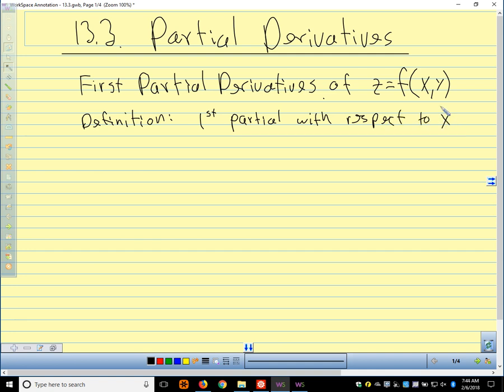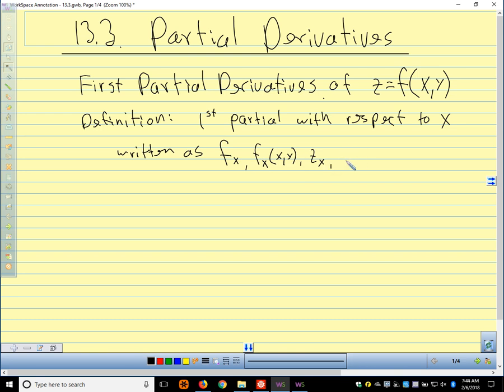And there's quite a variety of notations for this. It's written as f sub x. You'll also see, with the function notation, or the variables listed, f sub x of x, y. You'll also see it written as z sub x.